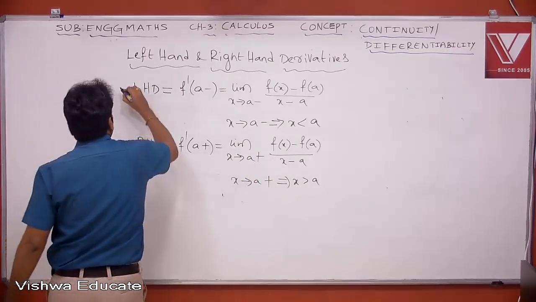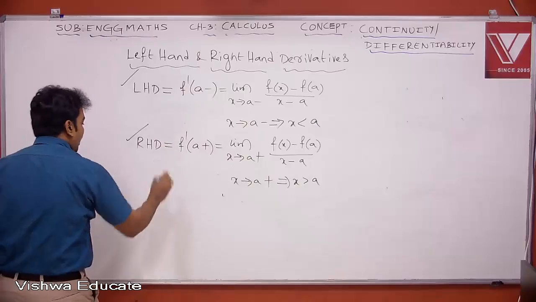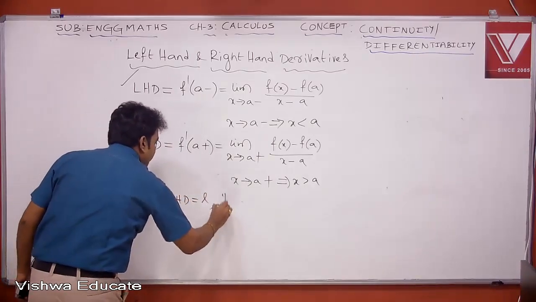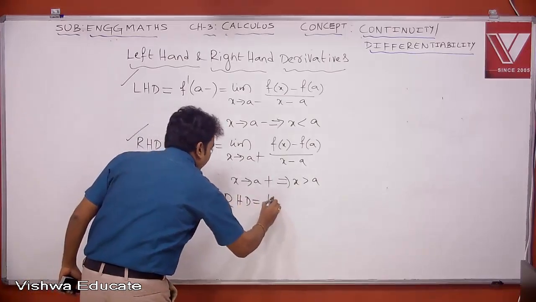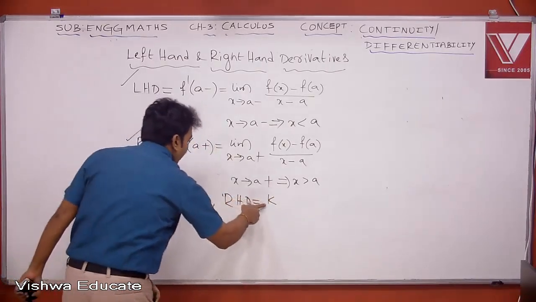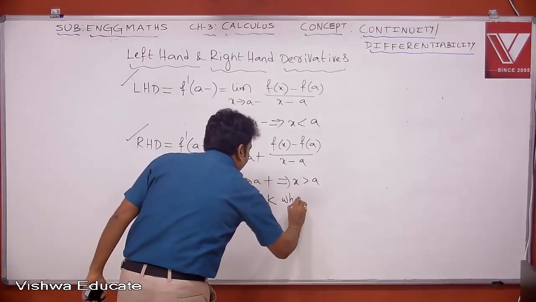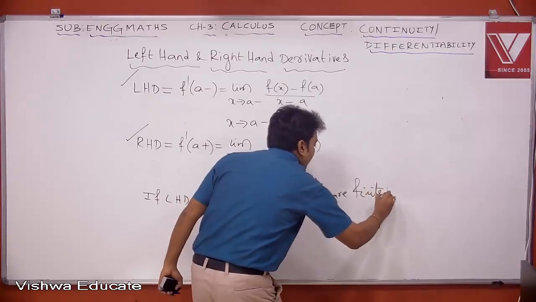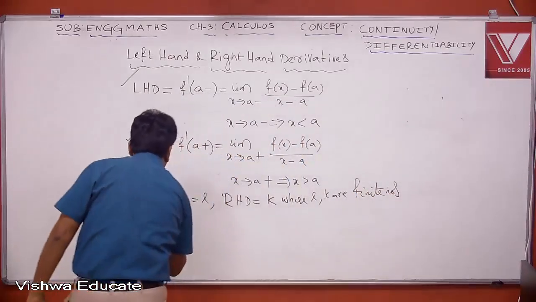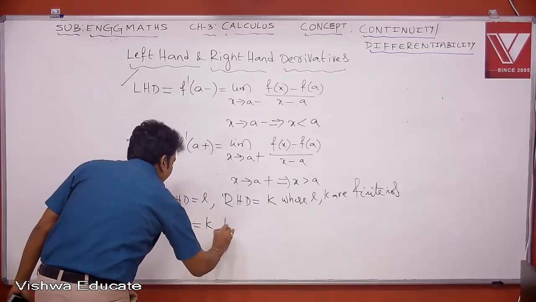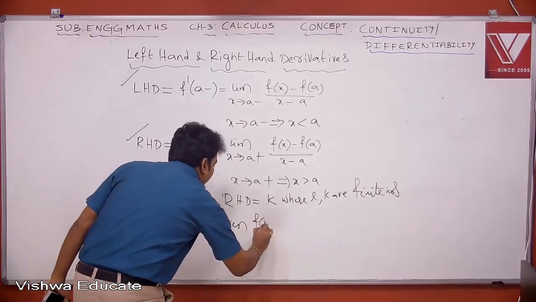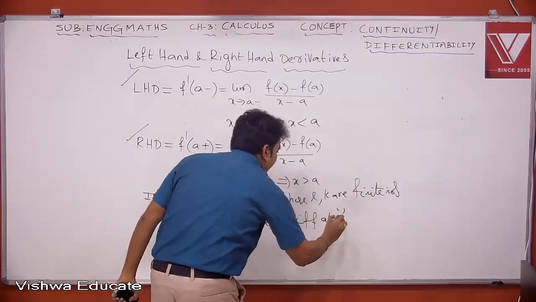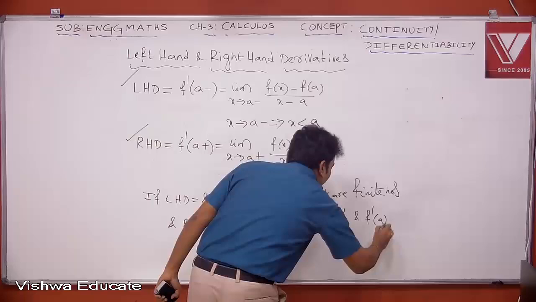Right. Now my calculations are over. LHD is over, RHD is over. Now compare this. Suppose LHD is a finite number L, RHD is a finite number K, where L, K are finite numbers, and L equal to K. Then f of x is differentiable at a, and f dash of a equal to the common value.